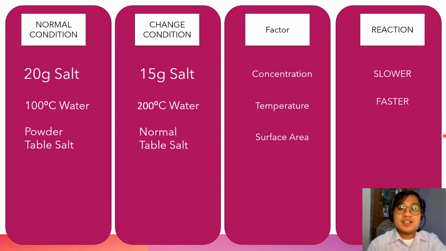The answer for this one is slower because, as you can see in our example, from powdered table salt, which is higher in surface area, it goes to a lower surface area. Lower surface area will have a lower possibility of collision. Therefore, there will also be a lower chance of reaction, or a slower reaction.